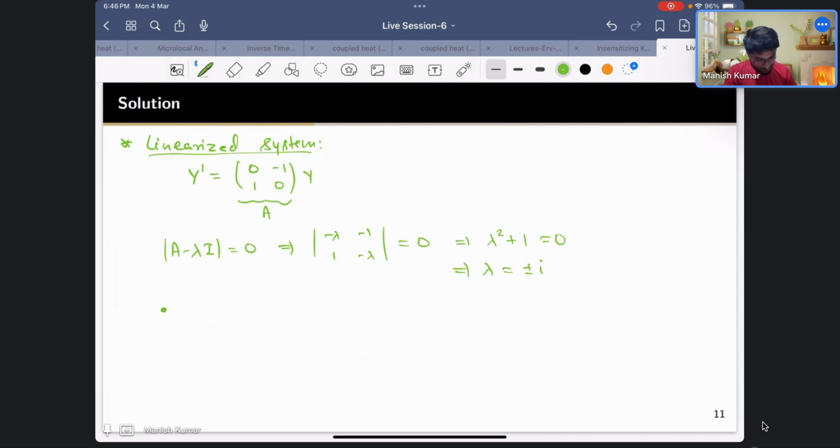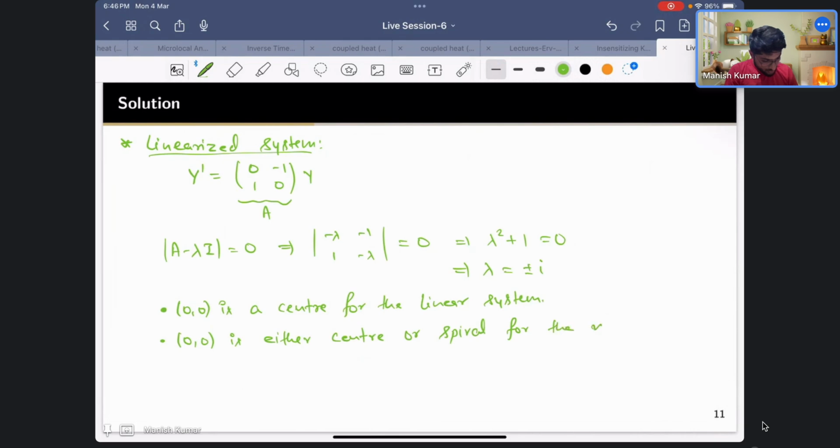What we can say is that (0, 0) is a center for the linear system, and (0, 0) is either a center or a spiral for the non-linear system. We cannot conclude anything more than this.